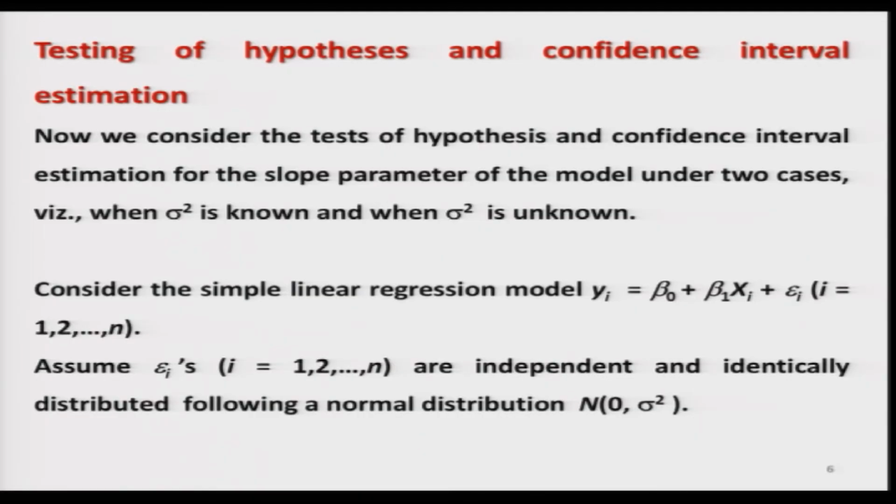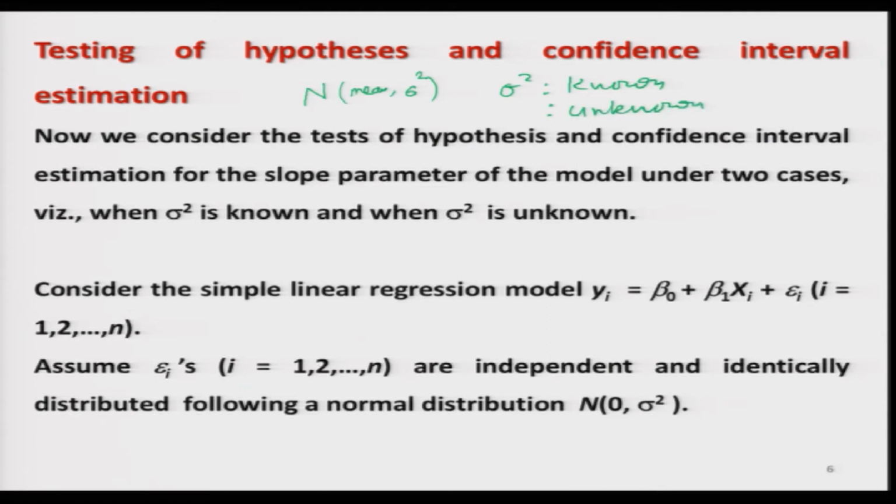Okay. Now, we assume that we will be working under a normal population. This normal population will have some mean and some variance sigma square. So, we have two possibilities: sigma square is known or sigma square is unknown.